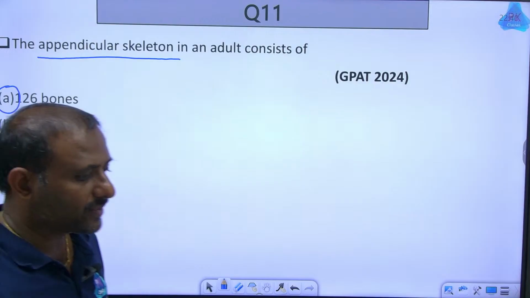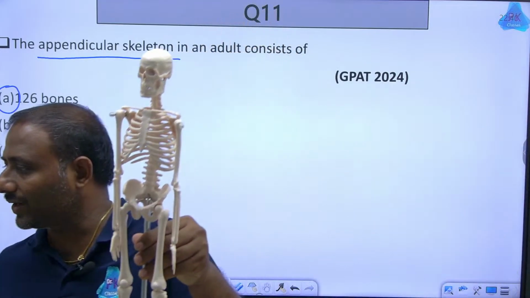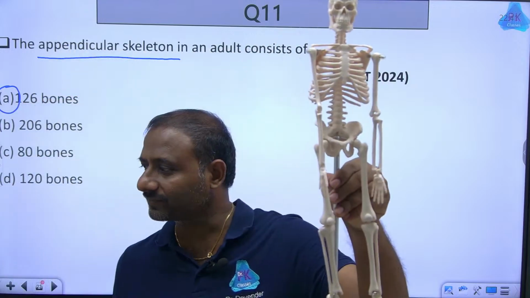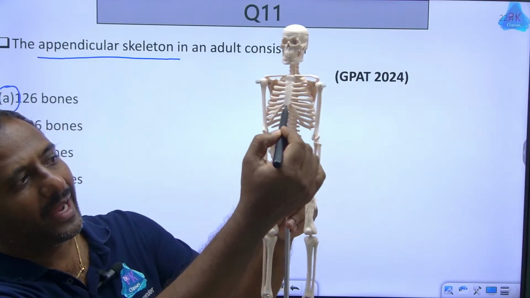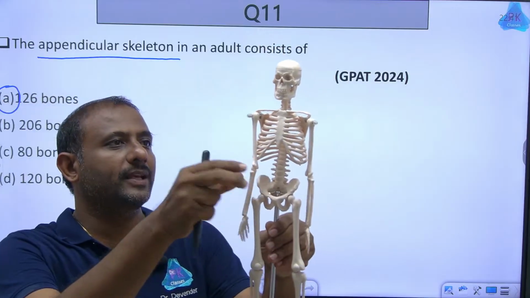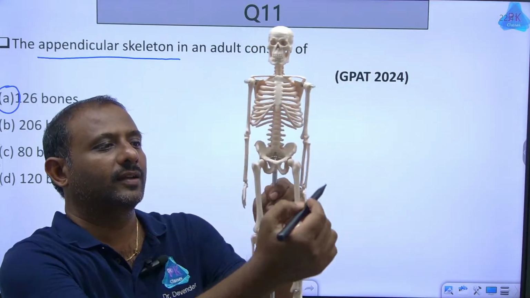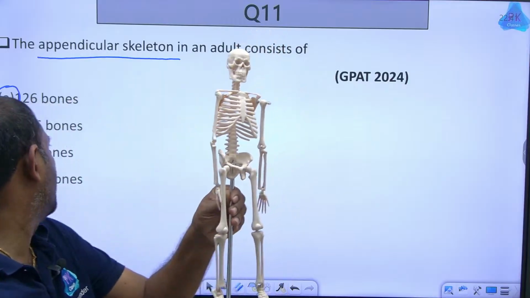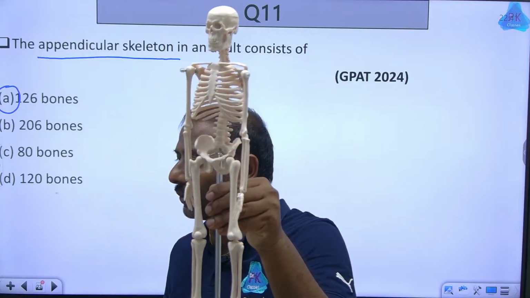So you can see here the skeleton. जो भी center में रहेगा, that we call the axial skeleton, which contains the 80 bones. और जो भी इसको hang होगा, ठीक है, जैसे ये वाला और ये वाला, these are the appendicular skeleton, which consists of the 126 bones.